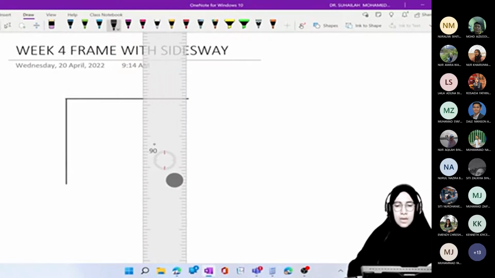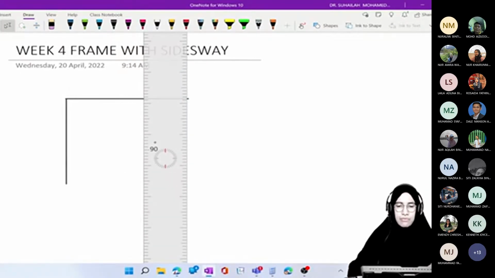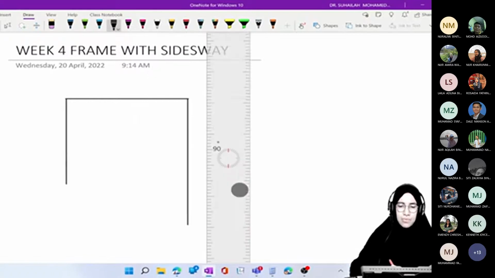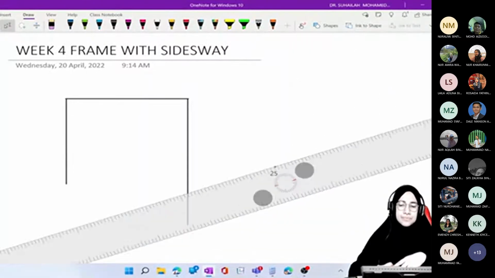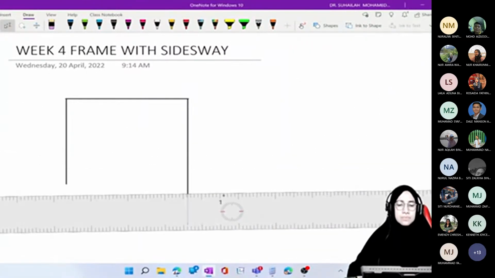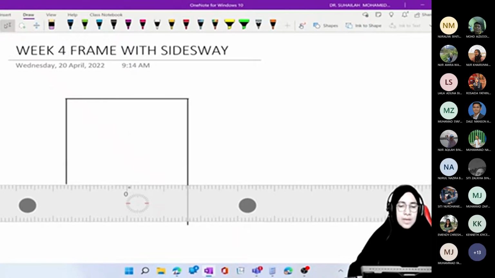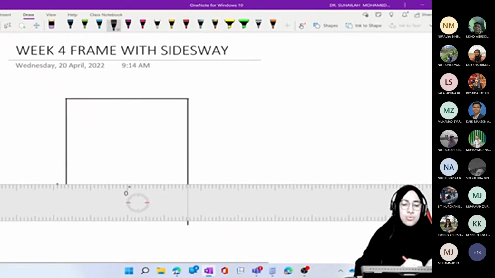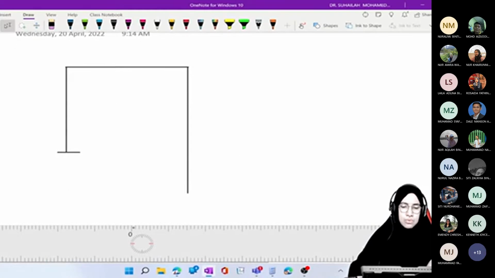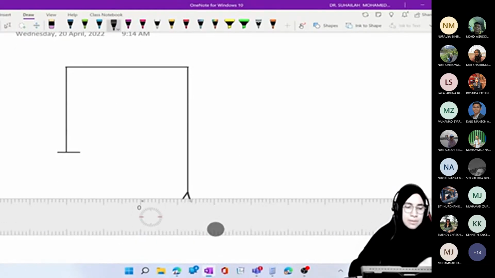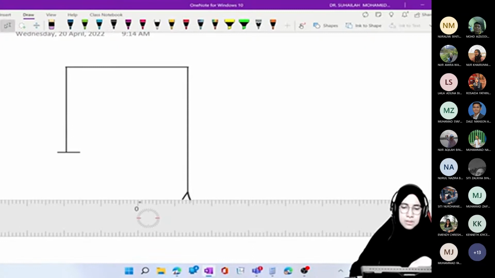Okay, so I want to have this frame with the column is not symmetry. Column is not symmetry means the length is not symmetry. Okay. And kita buat satu fix, satu pin. So sini pin. Okay.